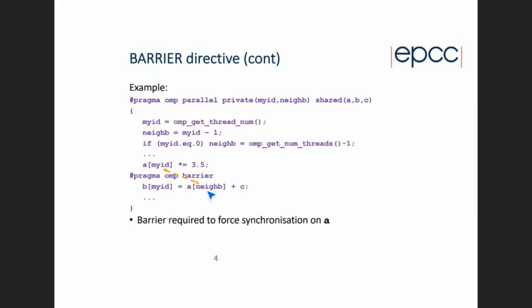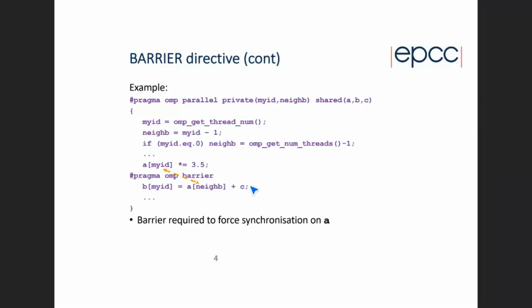And then at some point later, I want to read the value in A that my neighboring thread calculated. So this is a case where I really have to be careful to ensure that this write here has happened before the corresponding read to the same element of A, which is going to occur on a different thread.